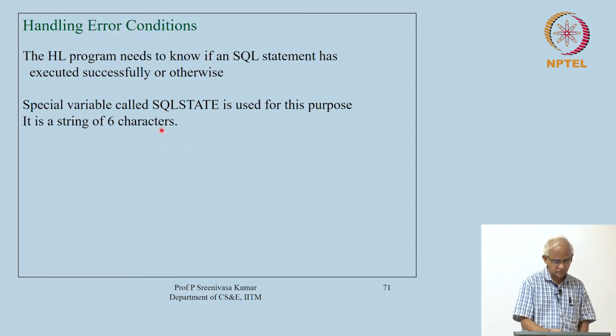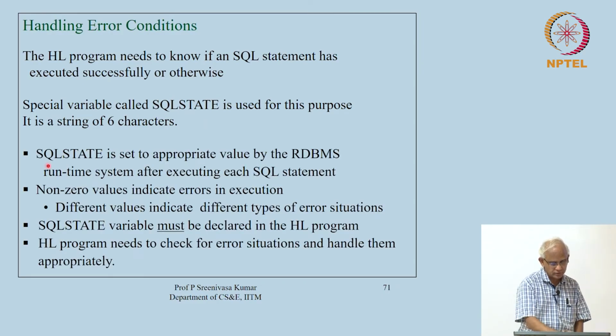It is a string of 6 characters, and you need to actually declare this. SQLSTATE is going to be set to some appropriate value by the RDBMS runtime system after executing each of these commands. So, when your program is running, you have issued an SQL command and it goes to the database server, the database tries to run it and if there is some issue, it will set this SQLSTATE.